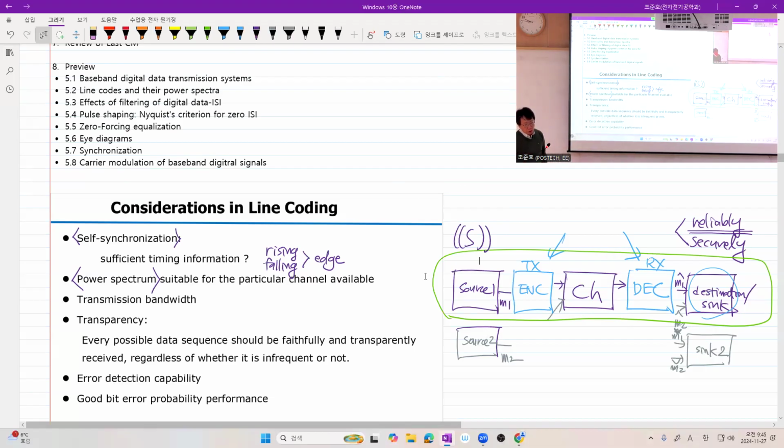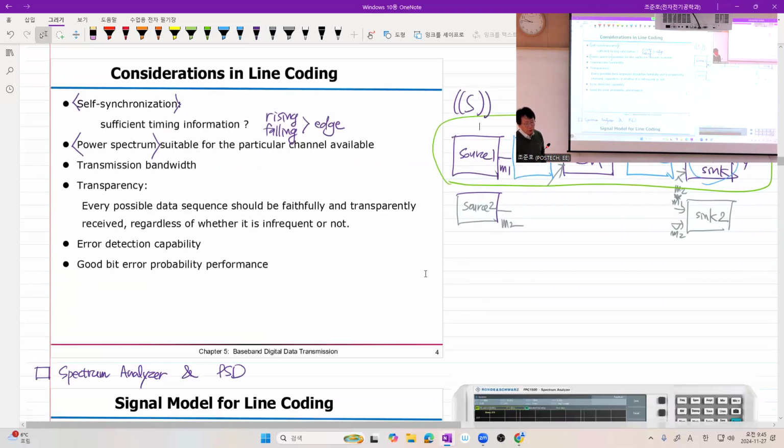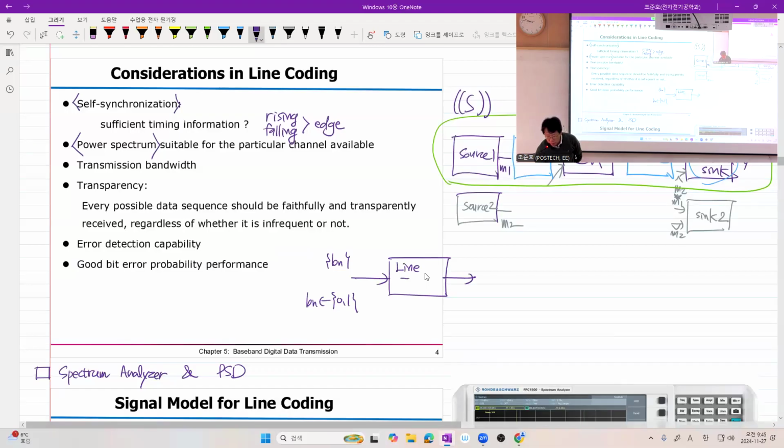Anyway, so let me just proceed for today's work. So last time we studied the different types of line codes. And line codes are the simplest modulation method, encoding method, such that it admits bit sequences, logical bits, and it generates some continuous time signal.